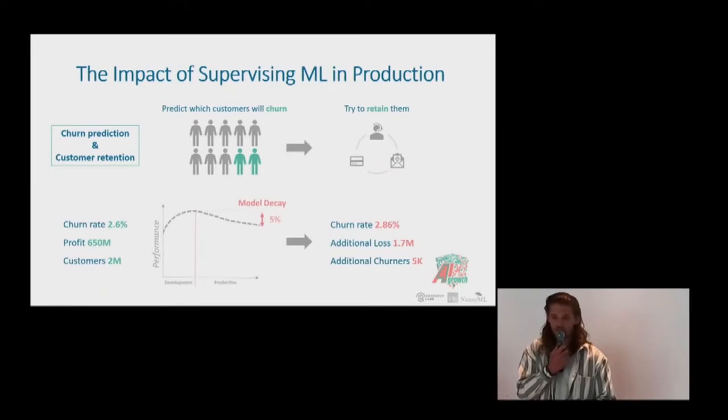But if your model decays and the performance goes down, this destroys much more business value, because making those predictions and those decisions is one step in the pipeline. Everything that comes after it is based on wrong decisions that can have a huge impact.